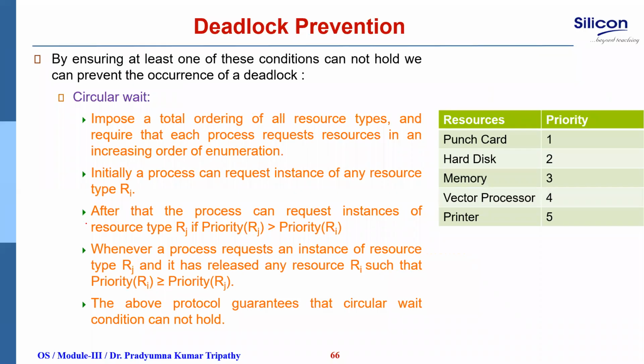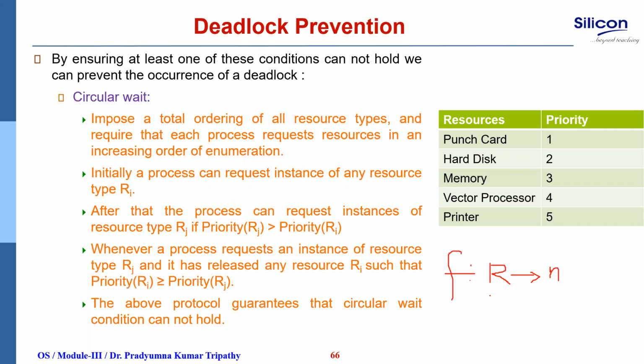It says that there are some resources. So for every resource, we will assign an integer number. So there is a function from resource to a natural number, f from the resource to a number n.